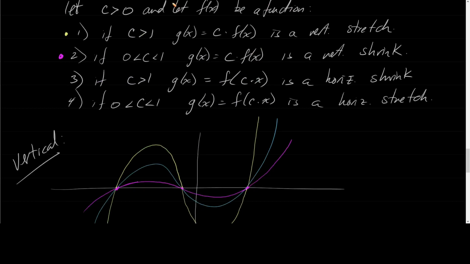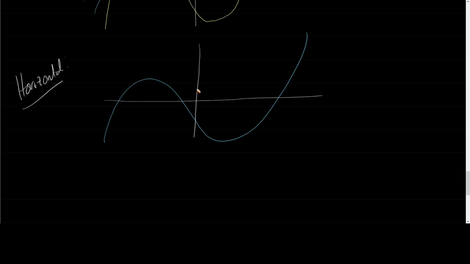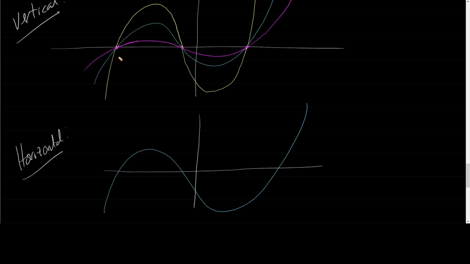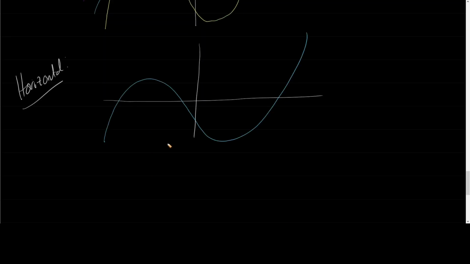First, I'll do the first case where c is greater than 1, which happens to be a horizontal shrink. Up here, the x-intercepts stay the same when we're doing a vertical stretch or shrink. Now that we're doing a horizontal stretch or shrink, our y-intercept is going to stay the same.